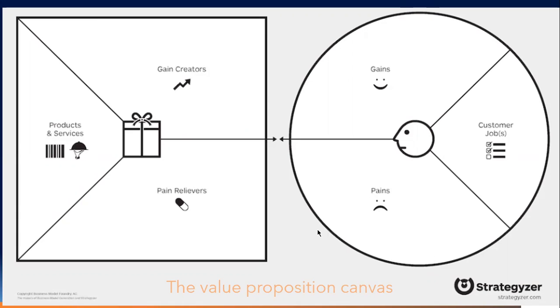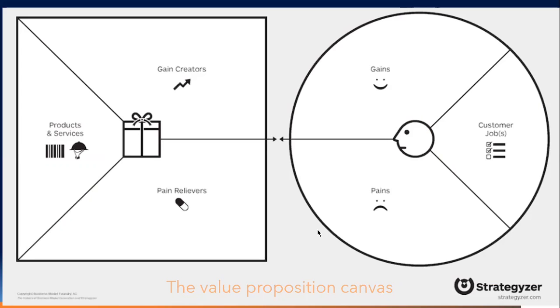And on the left side, we have the value proposition. Here we start with the pain relievers. The customer has some pains, and what do we do to relieve the pains? Pain relievers are the solutions we give to relieve the pains in getting the job done by the customer.